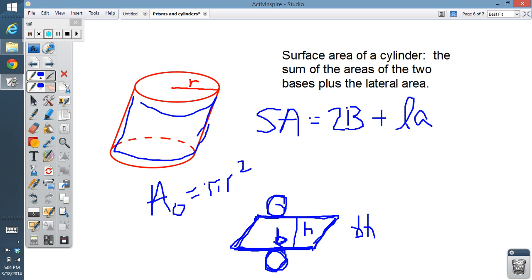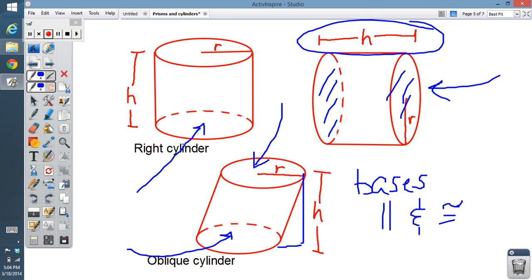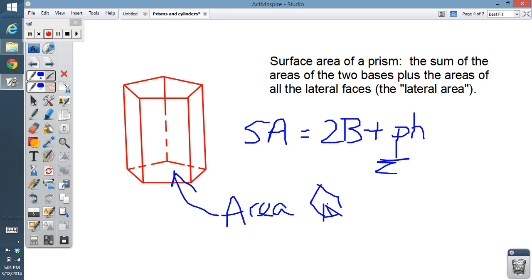Since b is totally attached to the circle here, to the base, little b is going to equal the circumference of the circle. Not like the perimeter. See, back before we did perimeter, right?